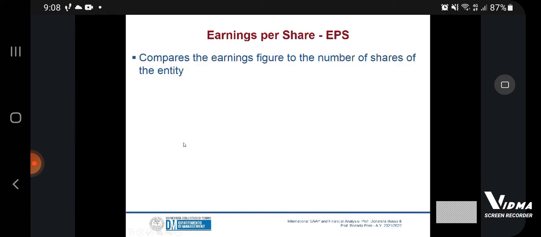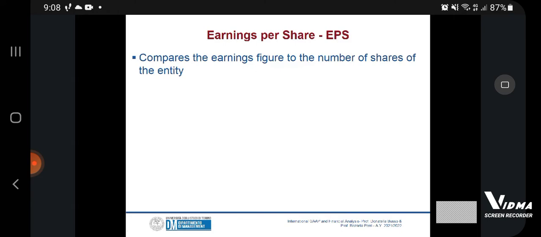Now, what it basically does is that it compares the earnings figure to the number of shares of the entity. When we consider the earnings that have been generated during a period, that would generally be an item of earnings or income that is attributable to the common shareholders.